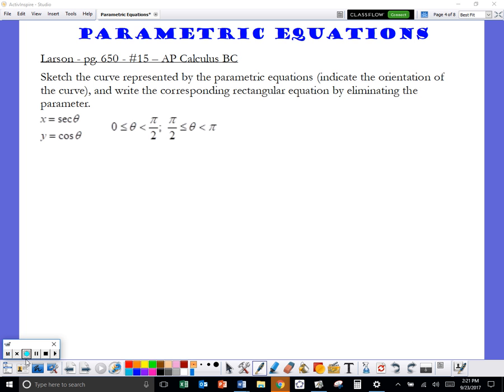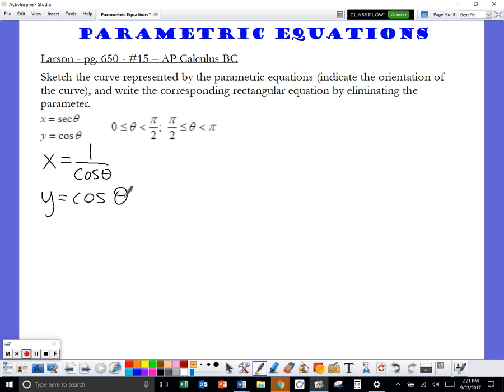This is secant and cosine. So, as a hint, let's try and write everything in terms of sines and cosines. It might help us. So, x is equal to 1 over cosine theta, and y is actually equal to cosine of theta. So, these are merely reciprocals of each other.